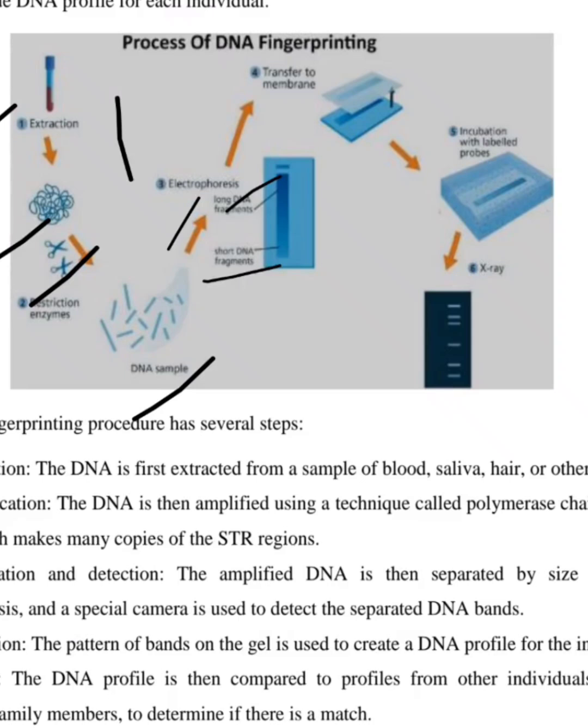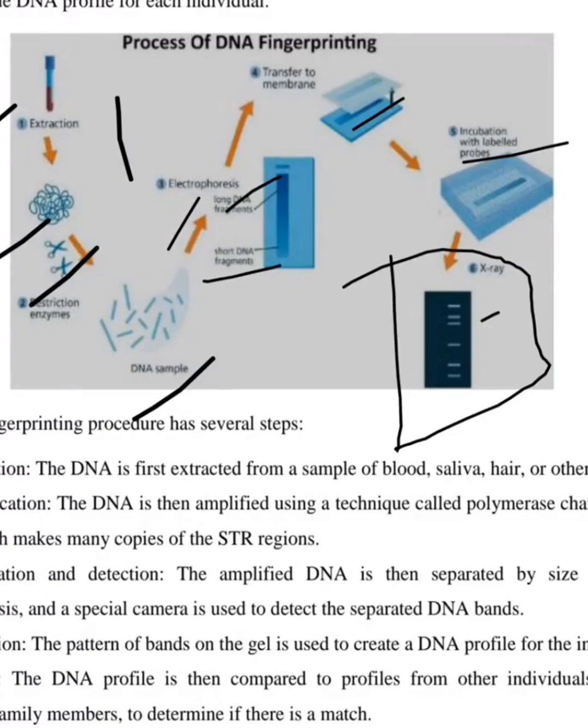It's nothing but DNA, the nucleotides. So nucleotides can be separated and further transferred to membranes and incubated with labeled probes. You can see the pattern. This is the pattern of separation of the DNA.